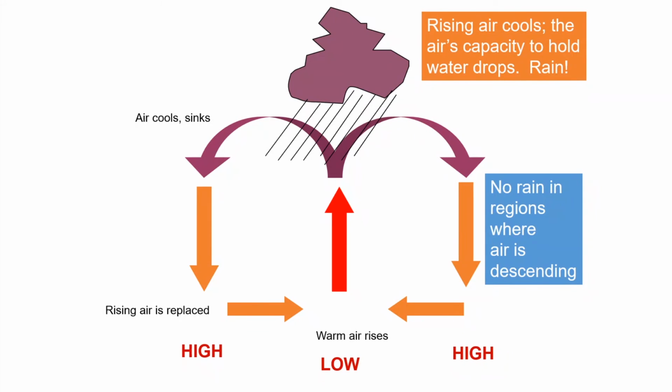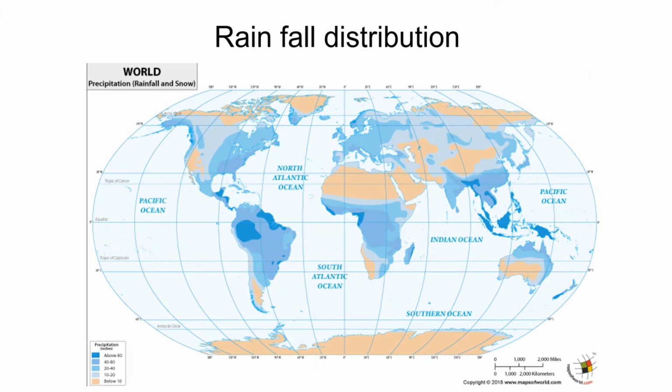So in locations along the equator, there is rainfall almost every day because of this phenomenon.